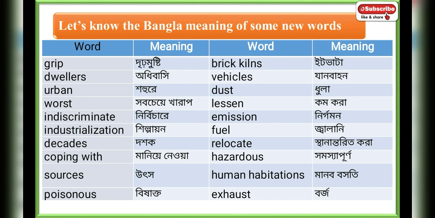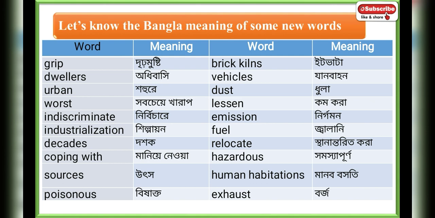Decades, it is a good word, decades মানে দশক বা 10 বছরের সমষ্টি. Coping with, মানিয়ে নেওয়া, কোনো কিছুর সাথে মানিয়ে নেওয়া, পরিস্থিতি বা সময় সেটাই. Sources মানে উৎস বা উৎসসমূহ. Poisonous, বিষাক্ত.